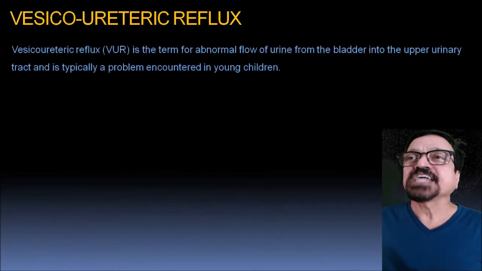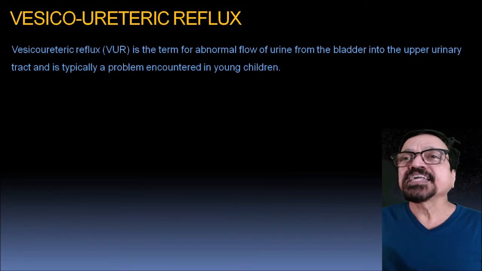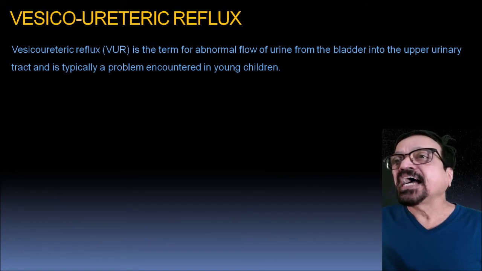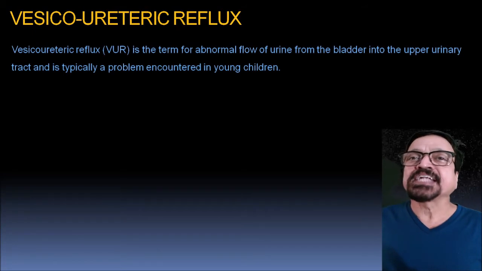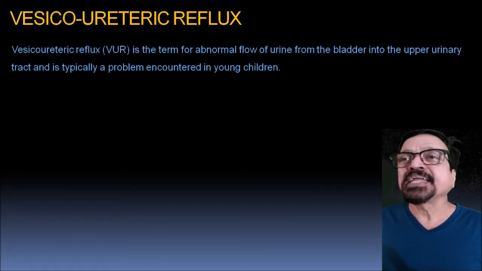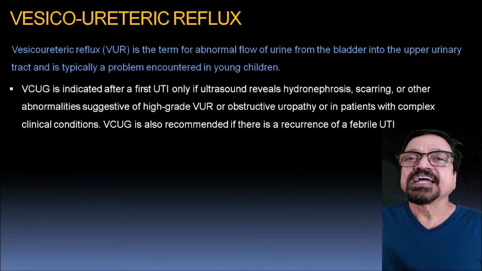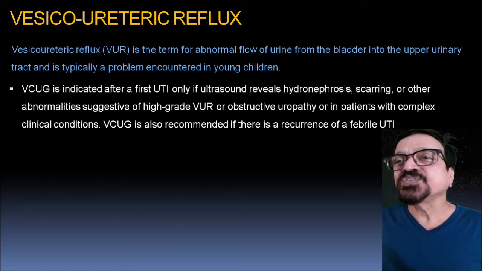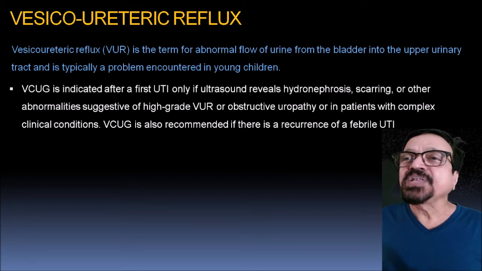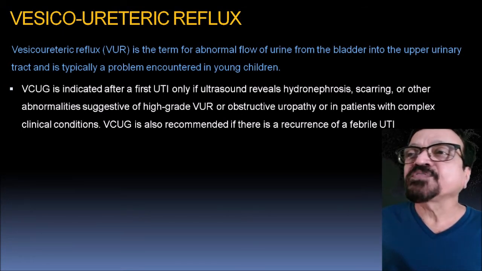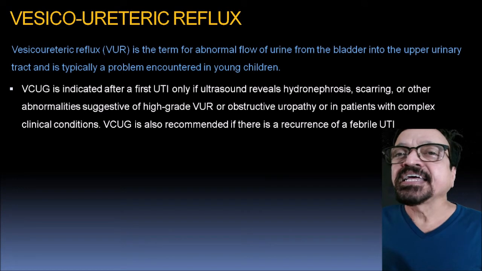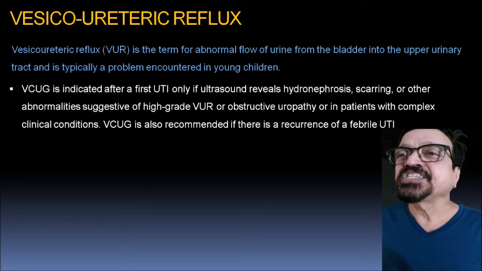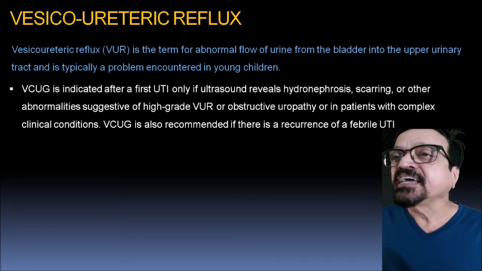Now come to vesico-ureteral reflux. Vesico-ureteral reflux is the abnormal flow of urine from the bladder into the upper urinary tract and is typically a problem encountered in young children. Voiding cystourethrography is indicated after the first UTI only if ultrasound reveals hydronephrosis, scarring or other abnormalities suggestive of high-grade VUR.